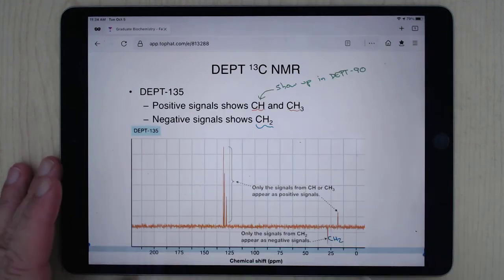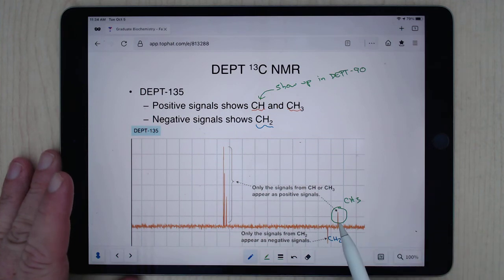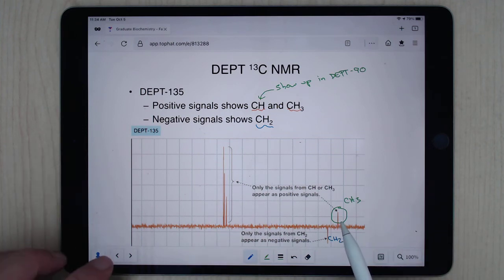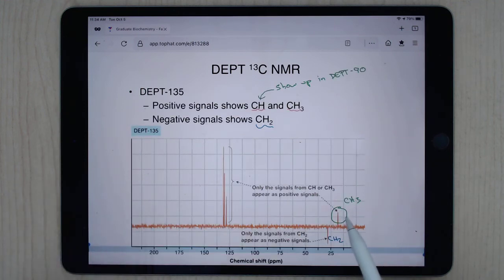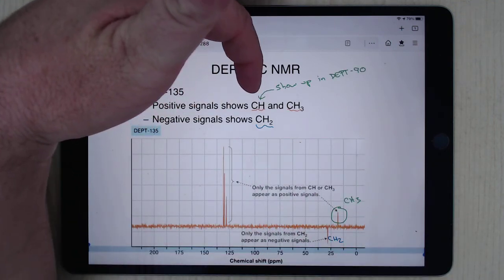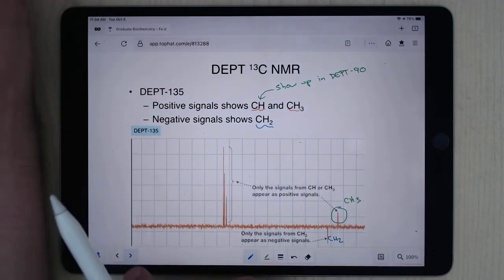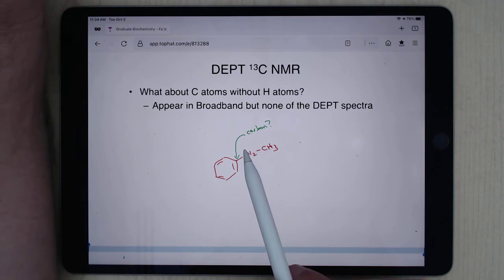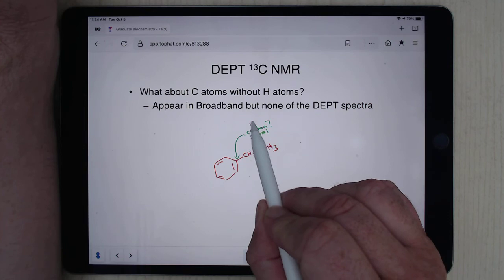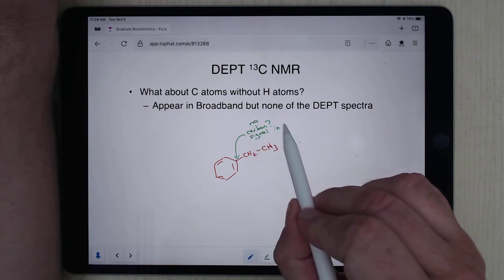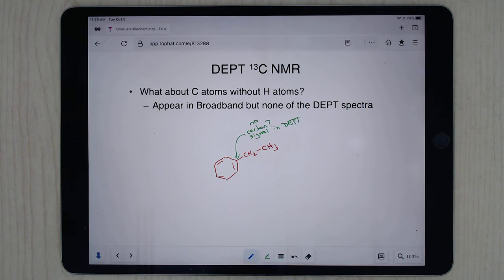So that must mean that this one must be a CH3, because if it was a CH, then it would show up here, but we don't see it. It shows up here, so it can't be a CH because it's not in the 90, so it must be a CH3. If it doesn't show up in any of the experiments, it must be a C. So no carbon signal in either one of the DEPT experiments, 90 or 135.